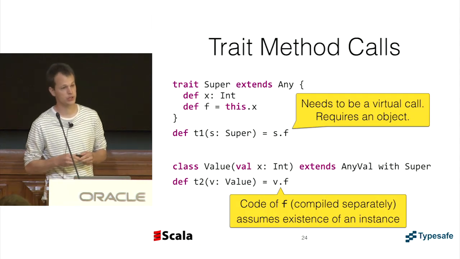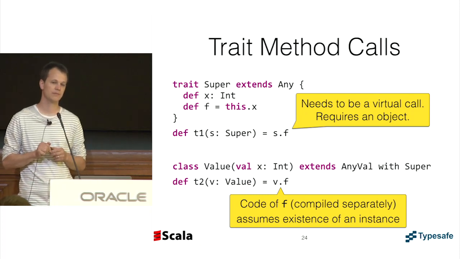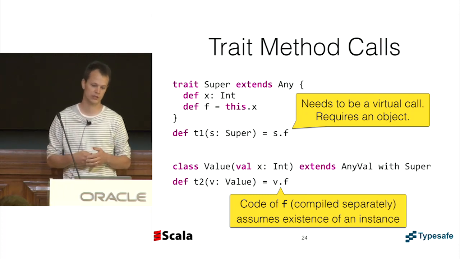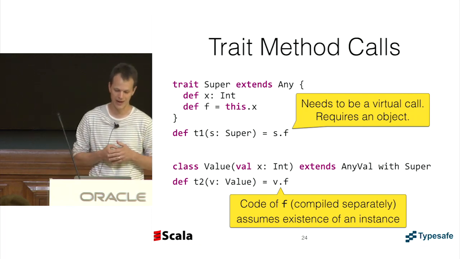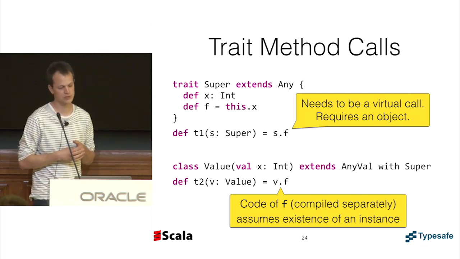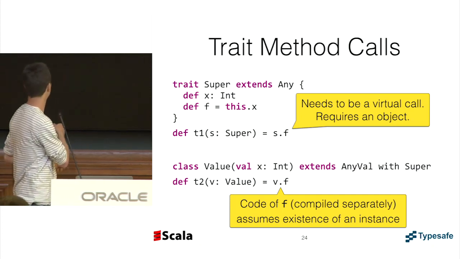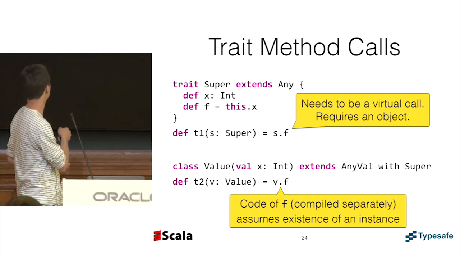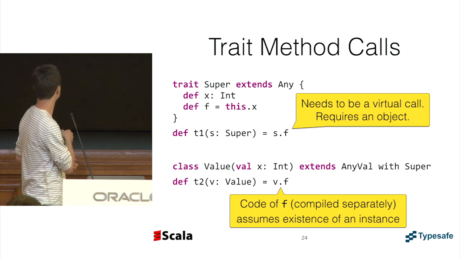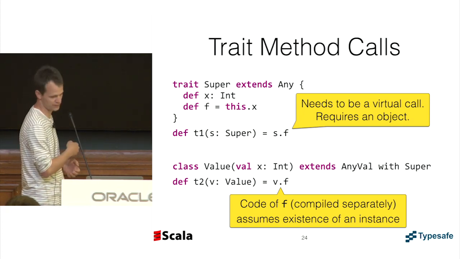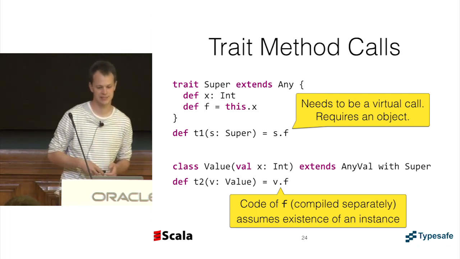Okay, there's one more situation when boxing occurs, namely whenever you invoke a method that was inherited from a universal trait, from a parent. And I'm just going to illustrate why this is the case. So in this example, we have a super trait, which extends Any, so it's universal. It has an accessor method x that's abstract, and it has some method f that just accesses x, right?